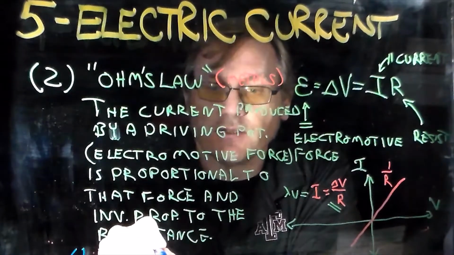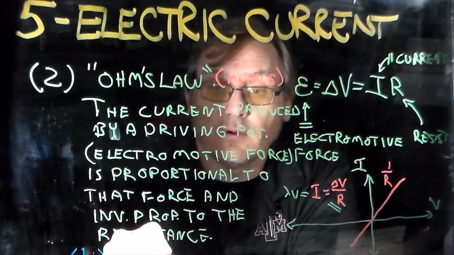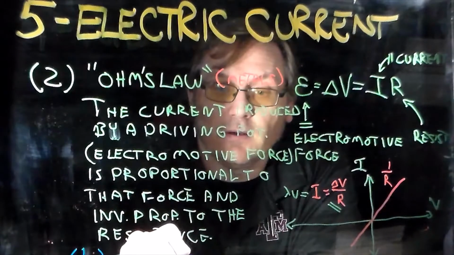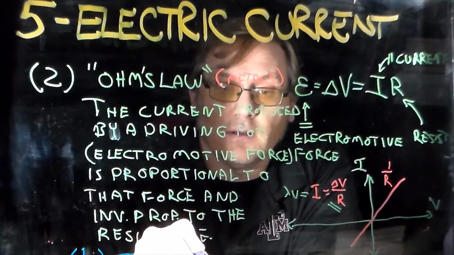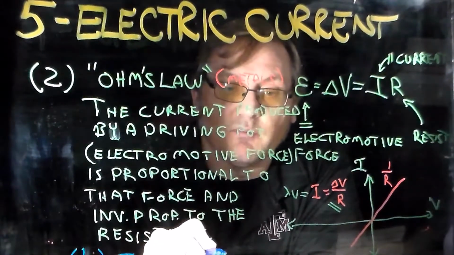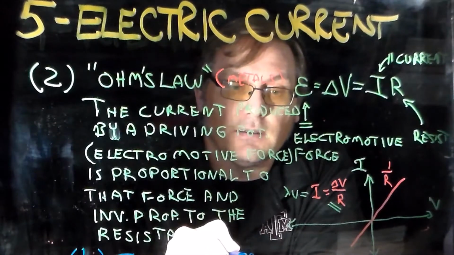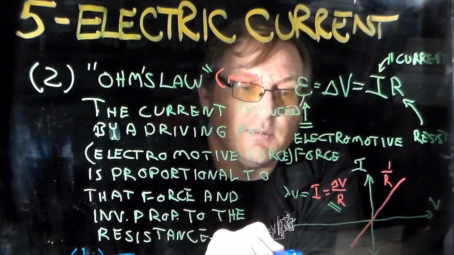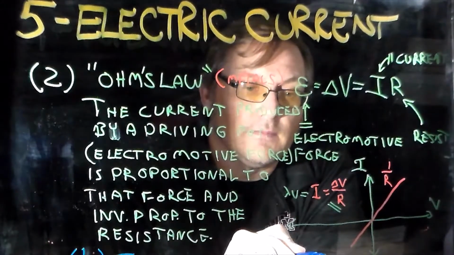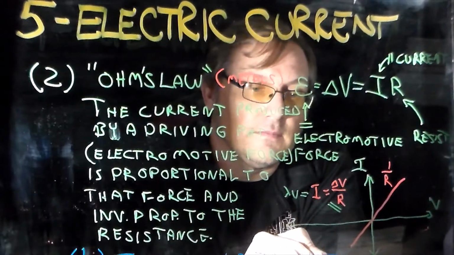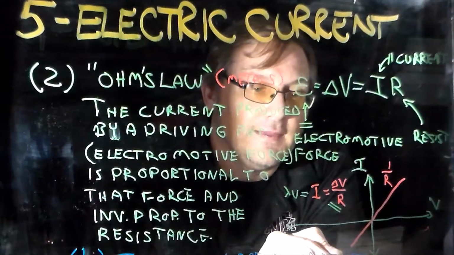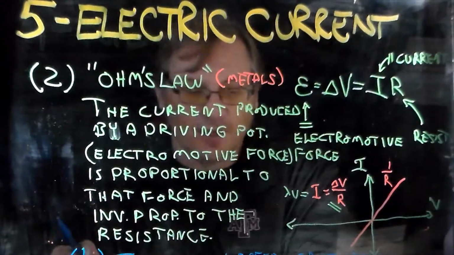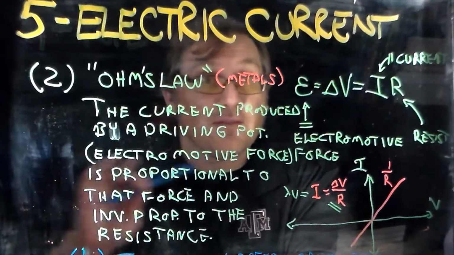The charge reaches a critical velocity, or has a maximum speed, which we call the drift speed, which we just talked about last time. So that's what's going on there.